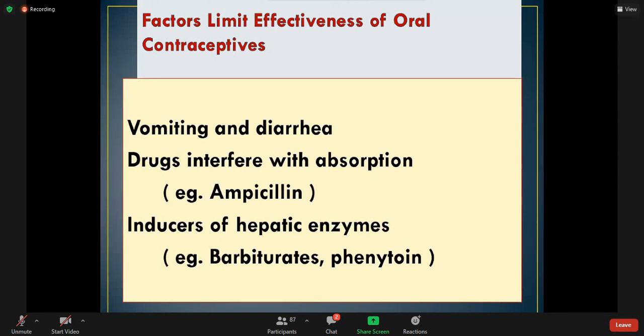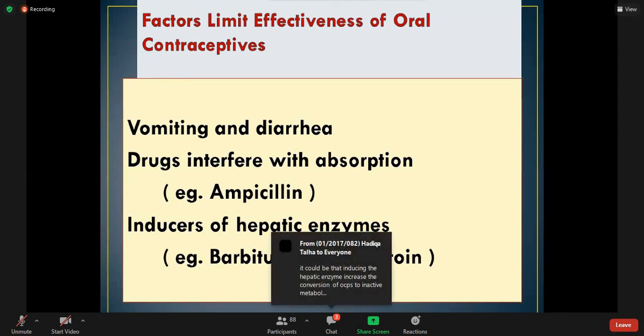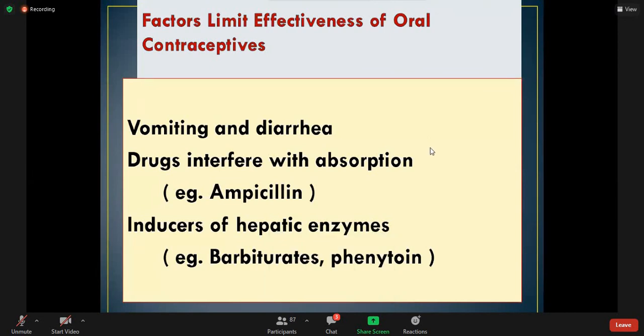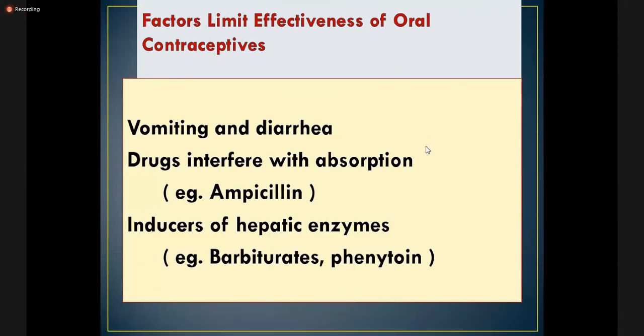So when we say inducer, that means they increase the process of metabolism. When metabolism is increased, there is early, rapid elimination of the drug. So the person may have a drug-free interval, right? Clear? So this is an important point.